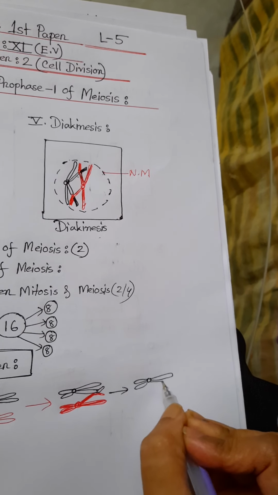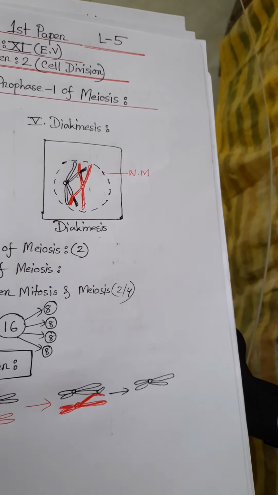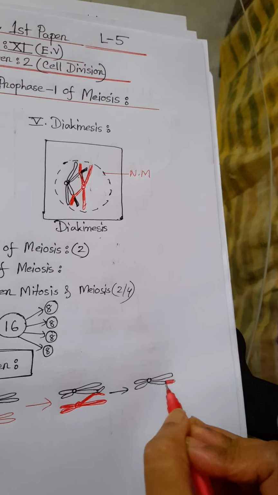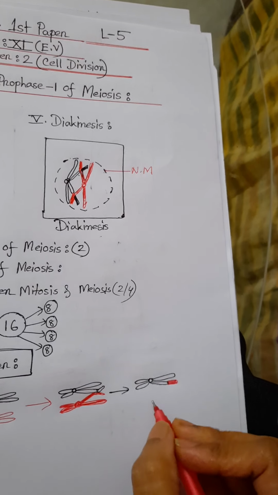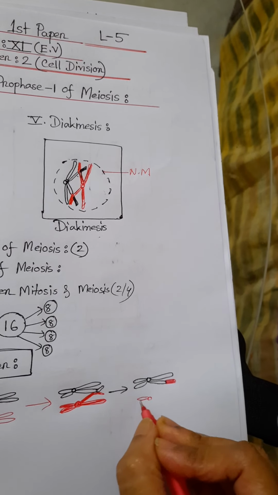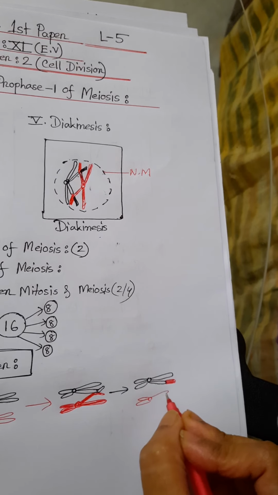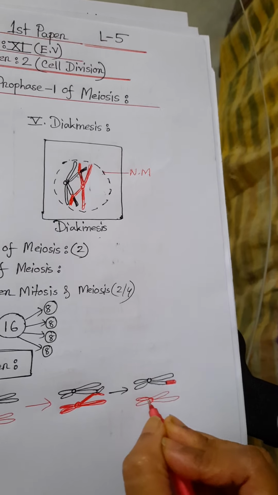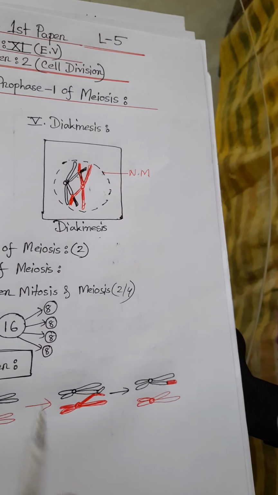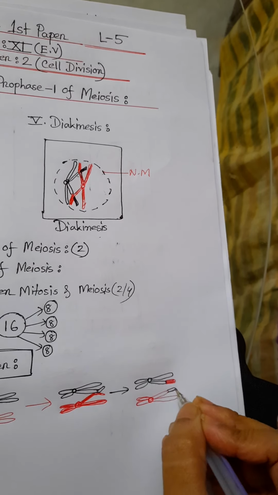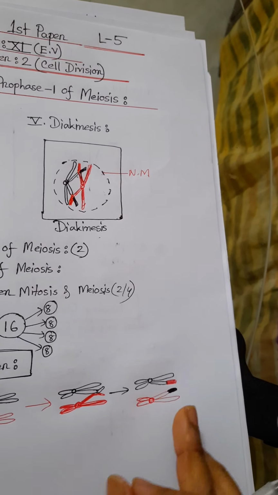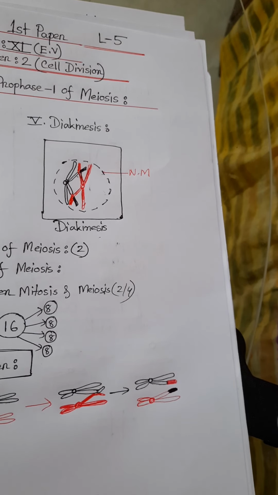Here the homologous chromosome is also present, with 2 chromatids, 4 chromatids, the centromere, and here the black chromatid part. You can see they exchange some portion of the chromatid.